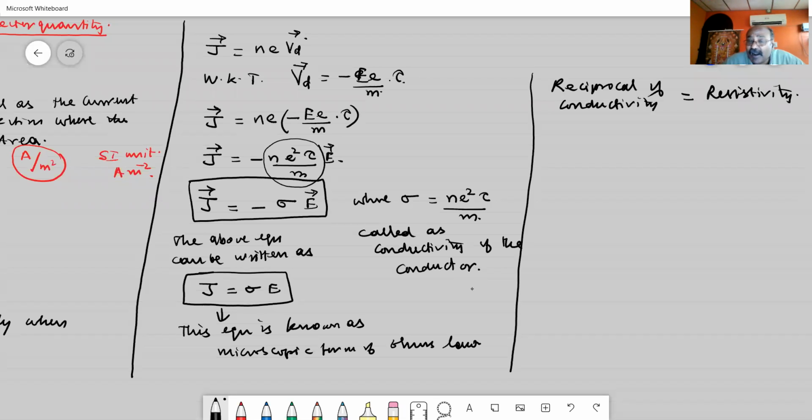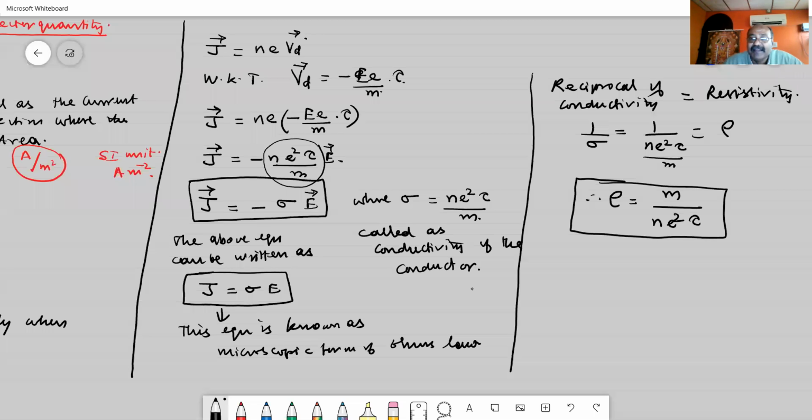So the reciprocal of conductivity is 1 by sigma. 1 by sigma means 1 by n E square tau by m, which is equal to the resistivity rho. Therefore, on rearranging, resistivity rho equals m divided by n E square tau. This is the expression for resistivity.